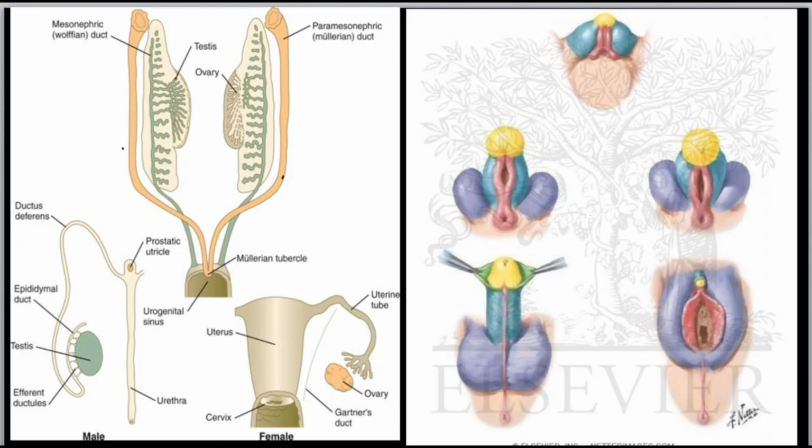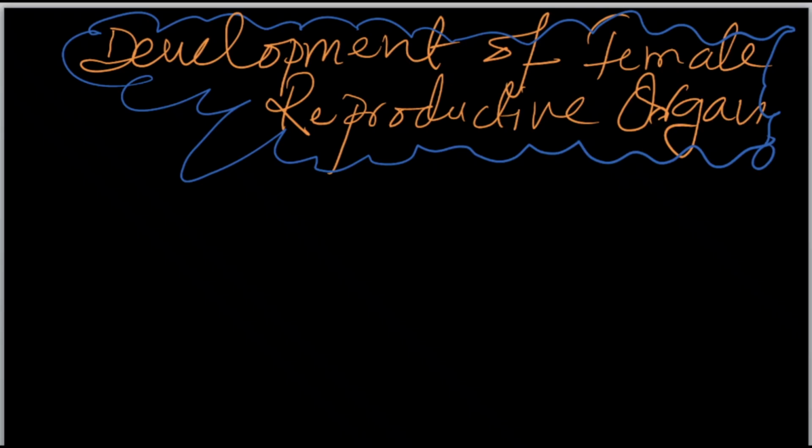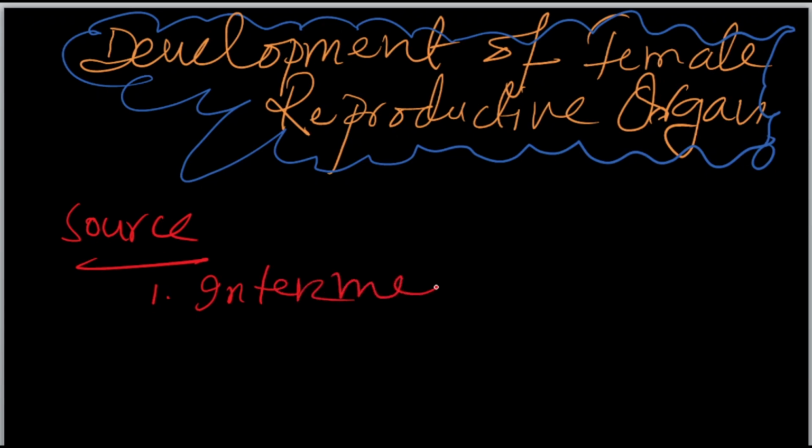Okay, now the source. There are three sources for development of the female reproductive organ. One is intermediate mesoderm.